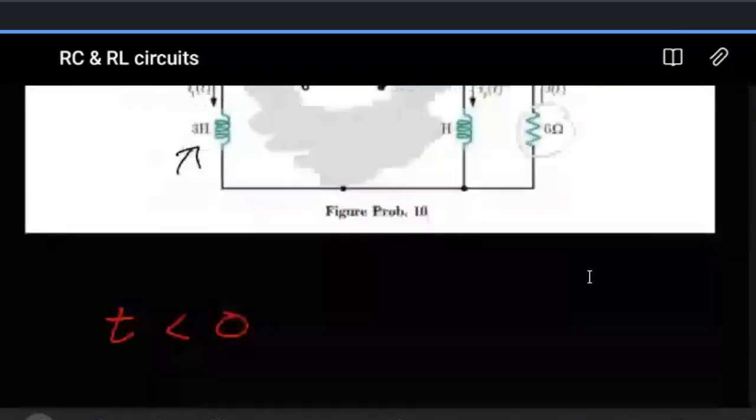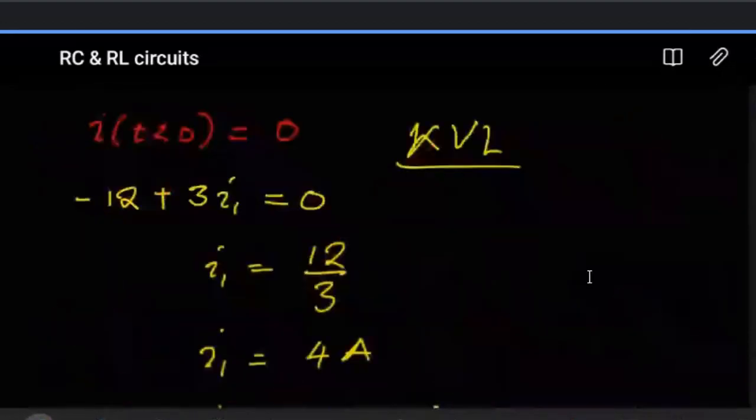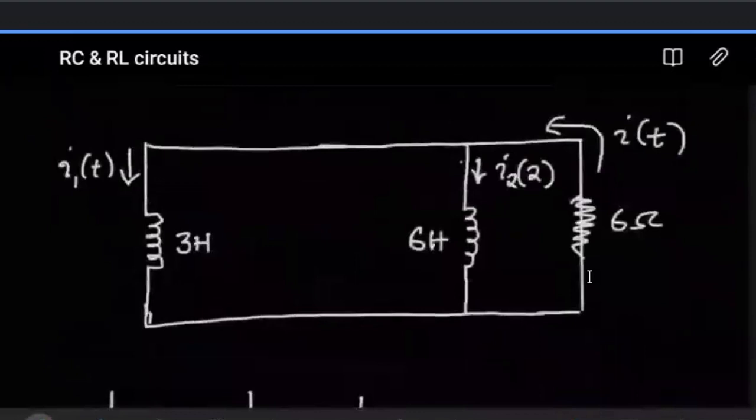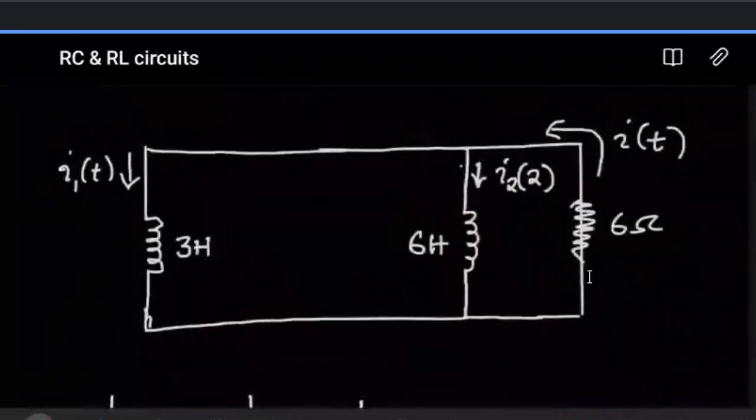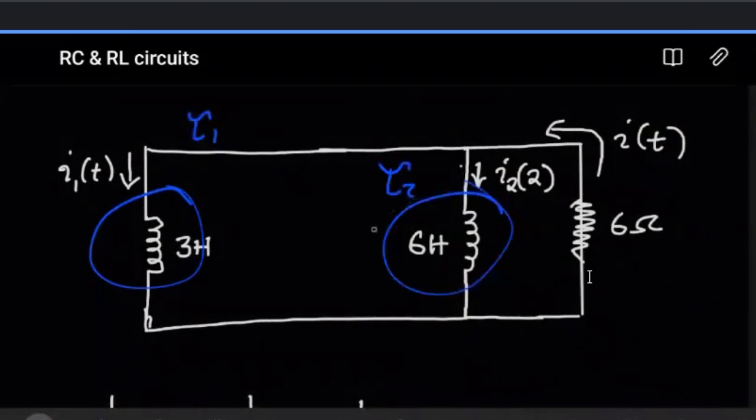When you look at our circuit here, how are we going to get the time constant? We have two inductors. Are we going to get the time constant for the first one and then for the second one and then try to puzzle out how we combine these two time constants, or what?